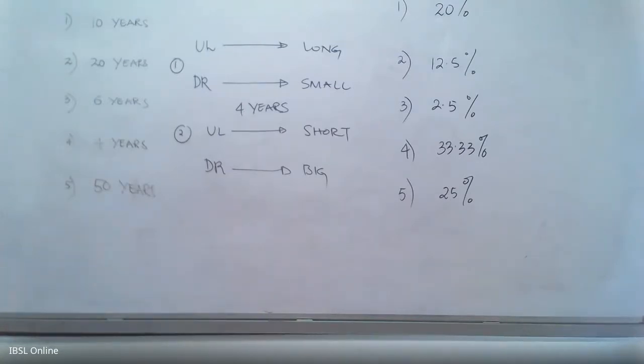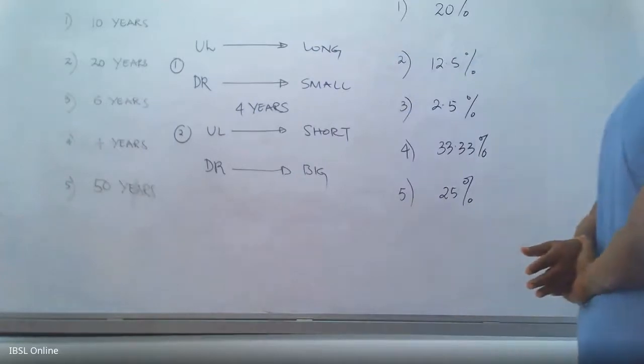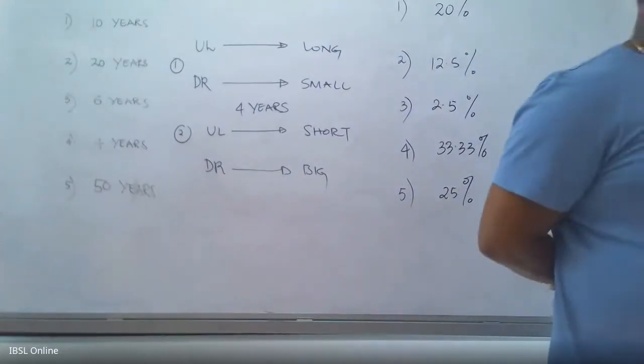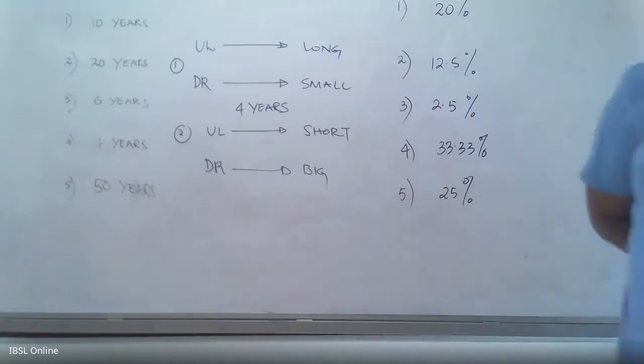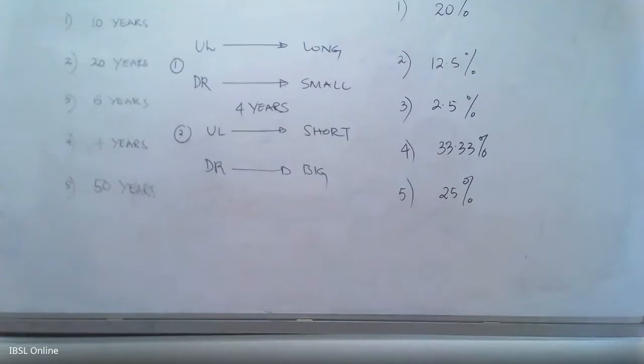The useful life of the asset and the depreciation rate have an inverse relationship.